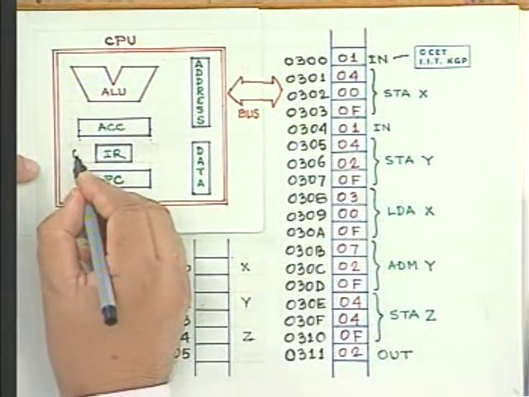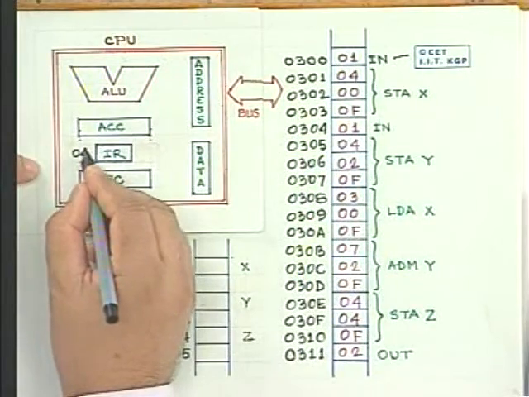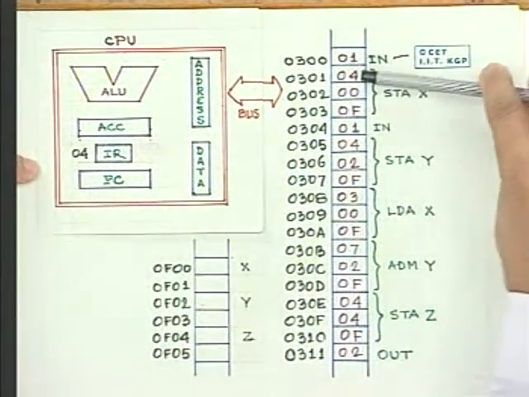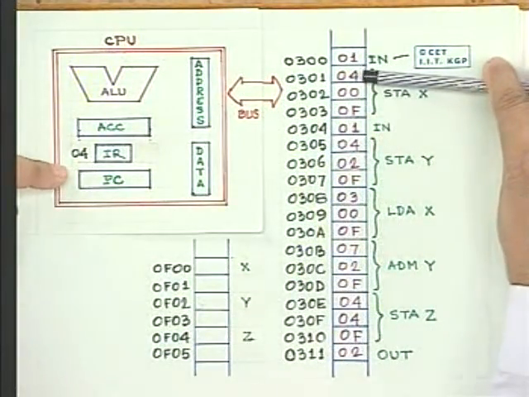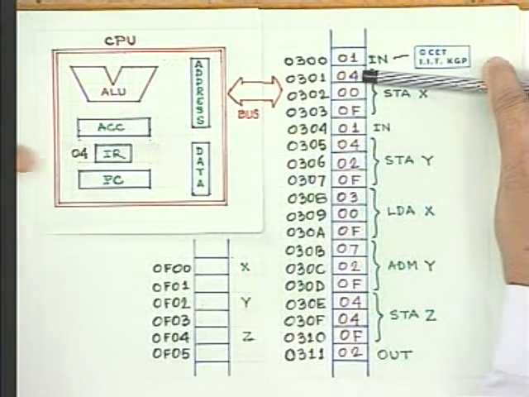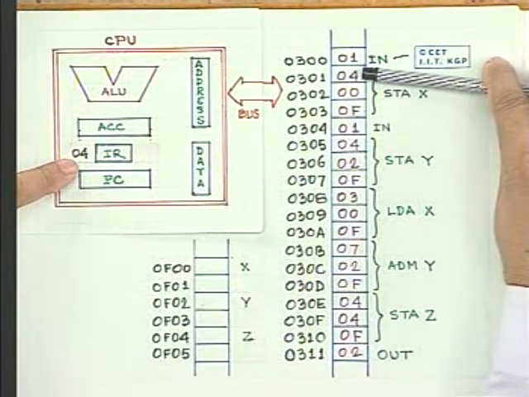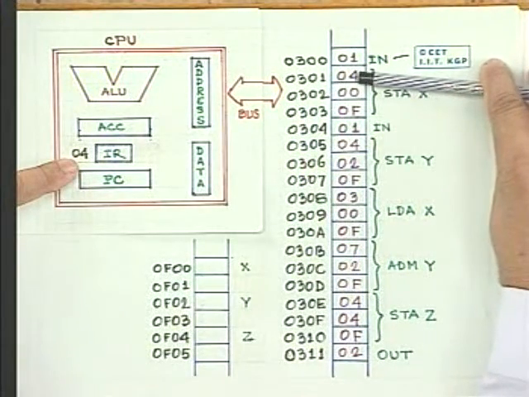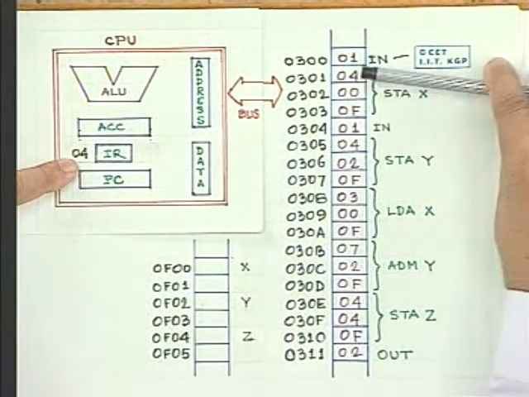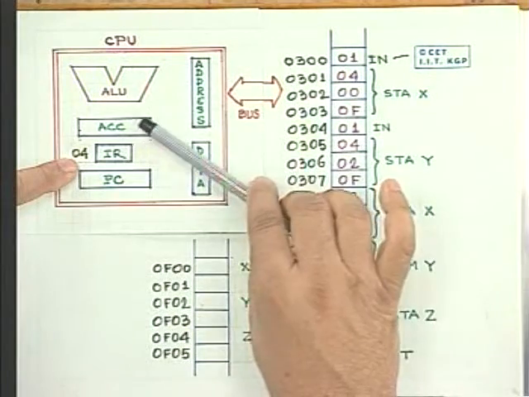Now 04 has come here, the instruction is being decoded, and on decoding it knows that it is a store accumulator instruction, and therefore it needs the address of the memory location where the content of that accumulator has to be stored.